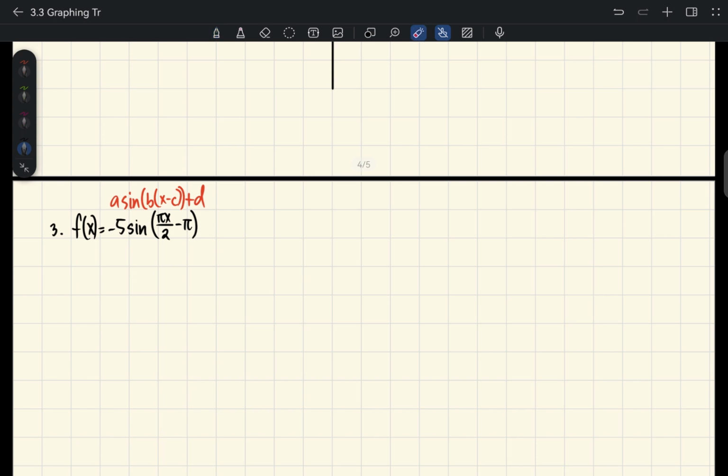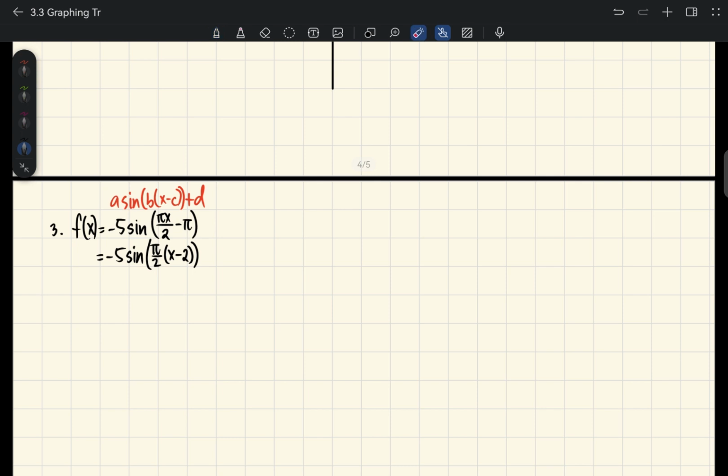So we just factor out pi over 2 to get here negative 5 times sine of pi over 2 times x minus, so we have pi divided by pi over 2, that will give us 2.